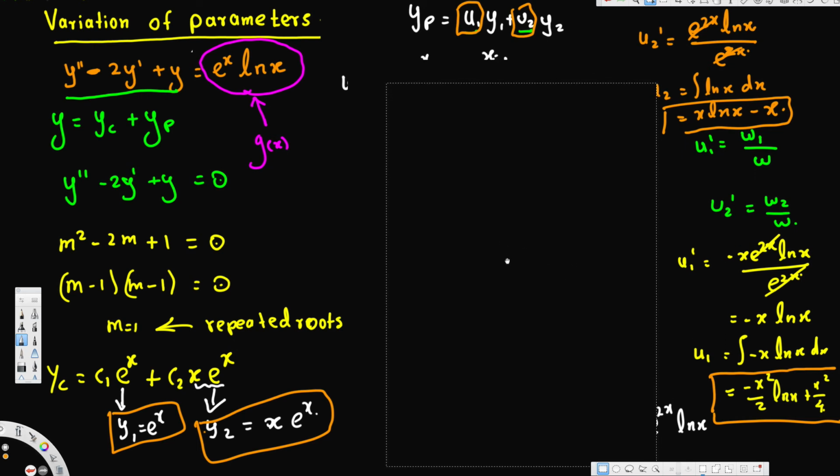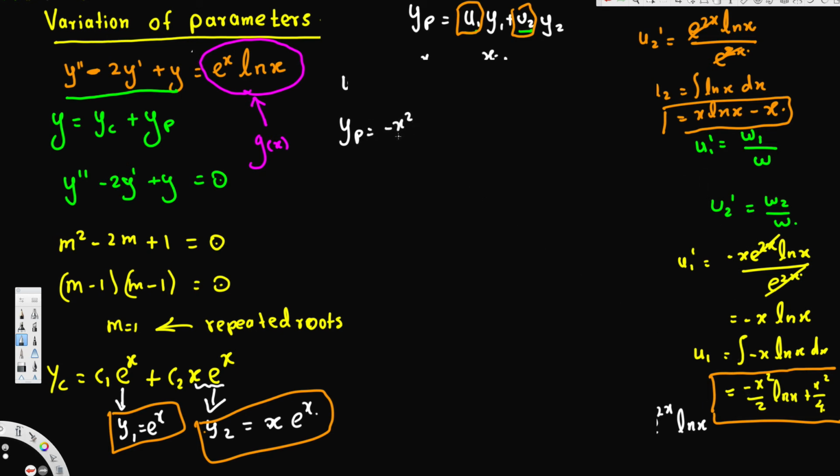Okay, now we have u1 here, u2 here. Let's use a different color, let's use white. The particular solution yp is going to be u1, which is minus x square divided by 2 ln x plus x square divided by 4, multiplied by y1. y1 is e power x.